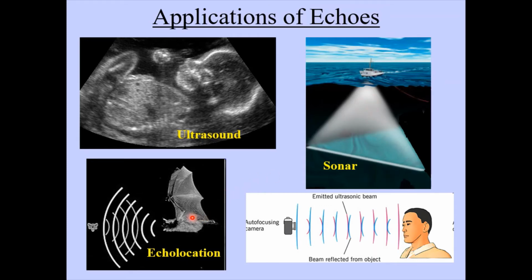Bats have an amazing sense that we don't have, and it's called echolocation. They send out sound waves. They're ultrasonic to us. We can't hear them. And they bounce off insects, and they come back, and the bat can interpret those echoes.